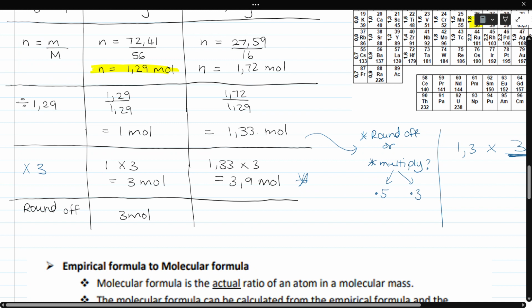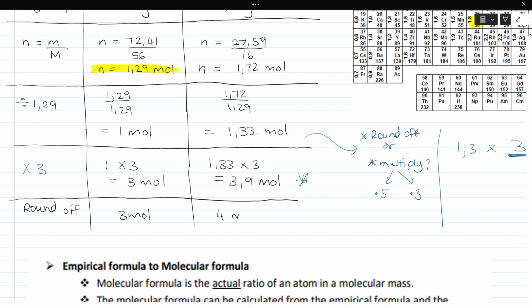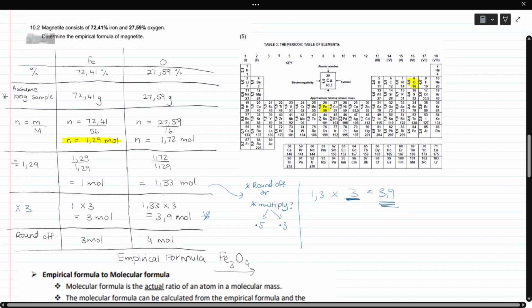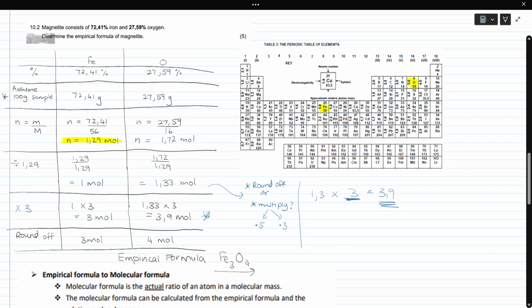So here you've got a nice whole number of 3, and 3.9 is simply going to be rounded off to 4. And from this you can write down your empirical formula. Right, what is it going to be? You've got 2 elements, Fe and O, and you've got 3 and 4. So that's going to be your answer. I hope you guys understand this.